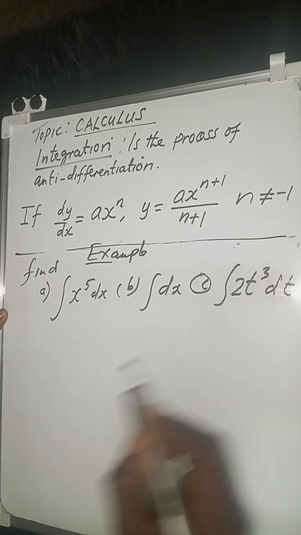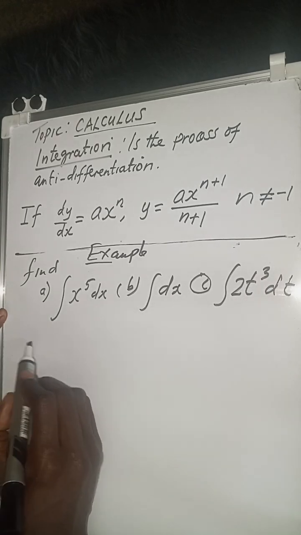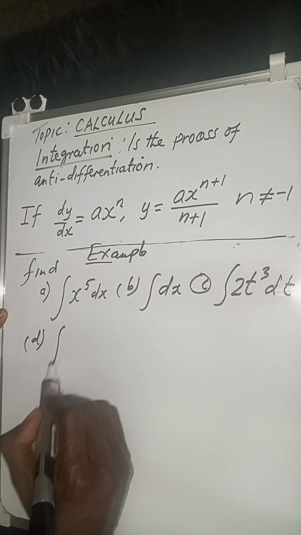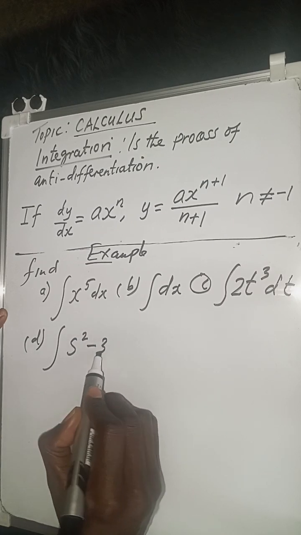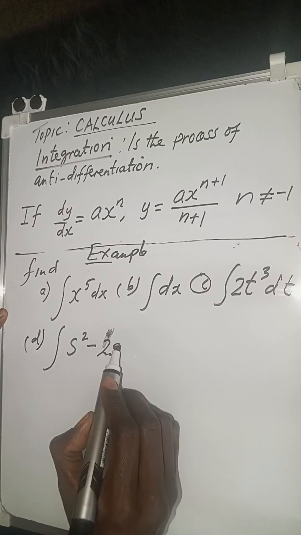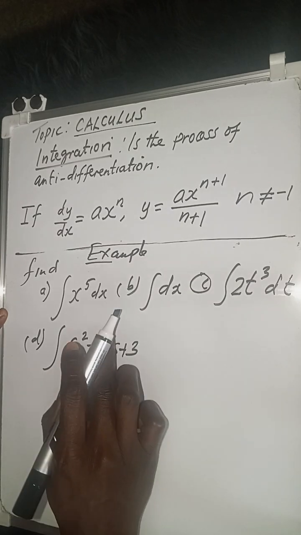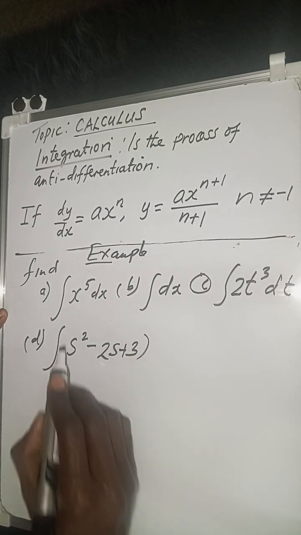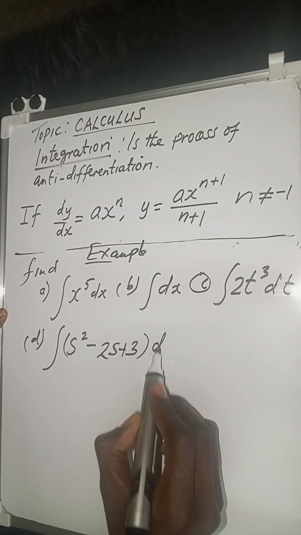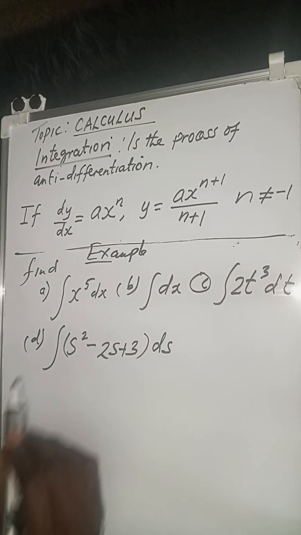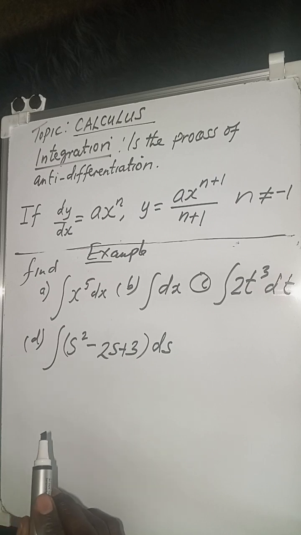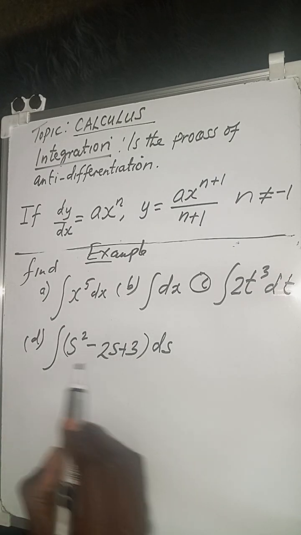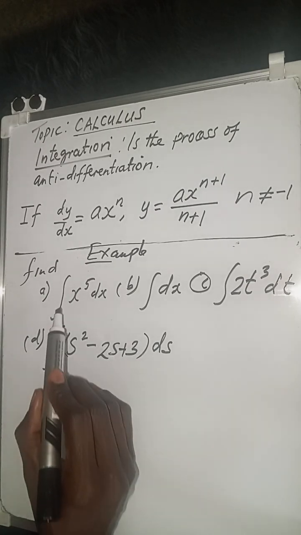It depends on the letter that you are using. Then maybe s squared minus 2s plus 3, and because I'm using s, it will be ds. So you are making an integration with respect to the variable given. This is when the integrand is a polynomial. Remember what I told you?